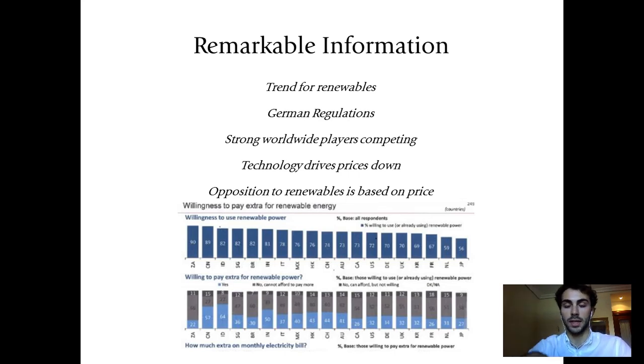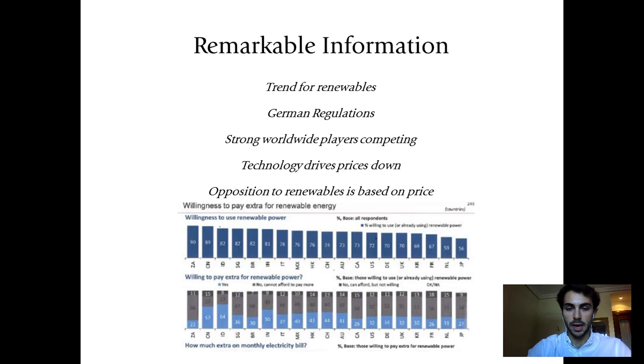It's also worth mentioning a survey made to 22,000 citizens all over the world. 60% of them were willing to use renewables instead of polluting energies, and 30% of them were ready to pay extra for this energy.